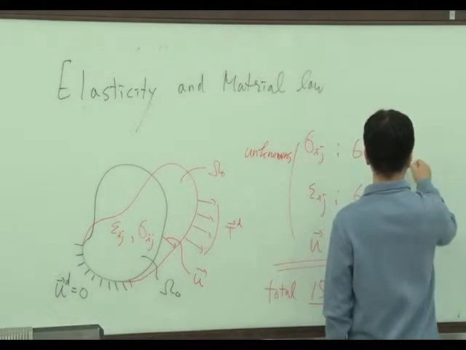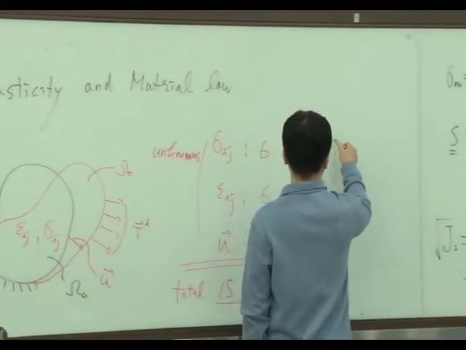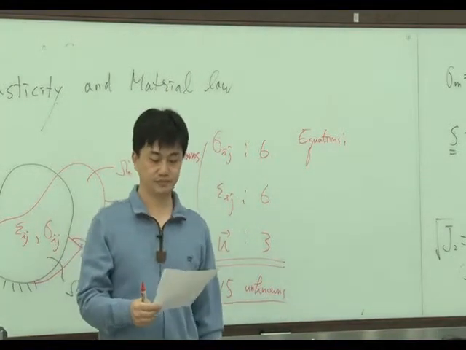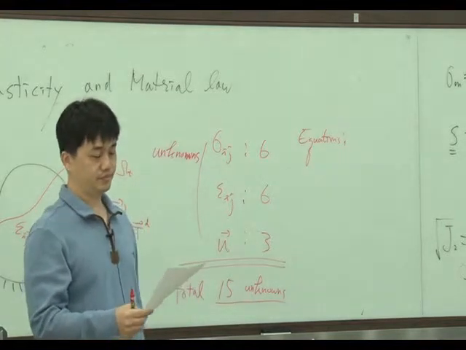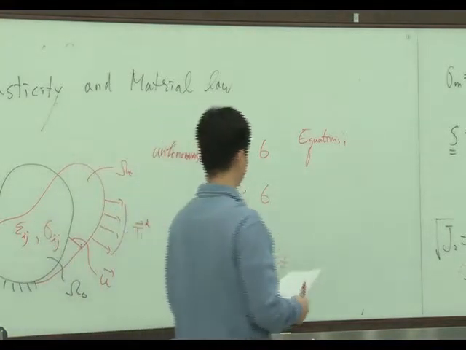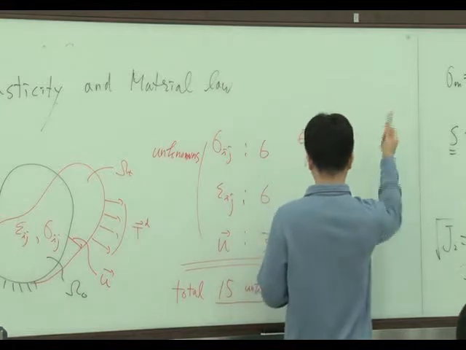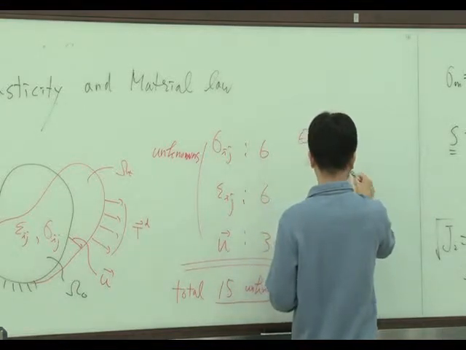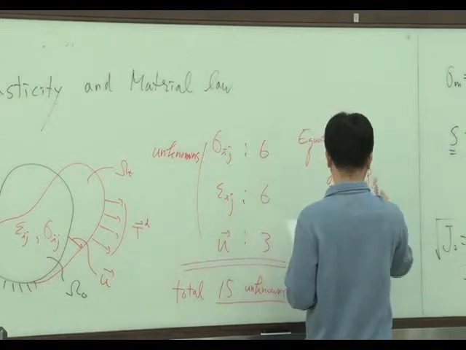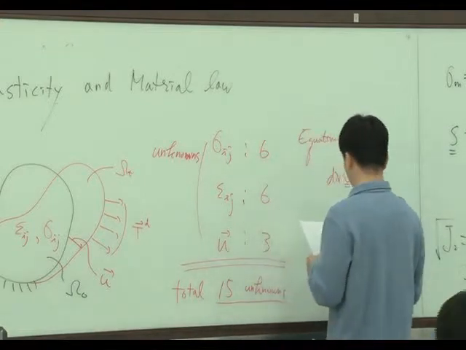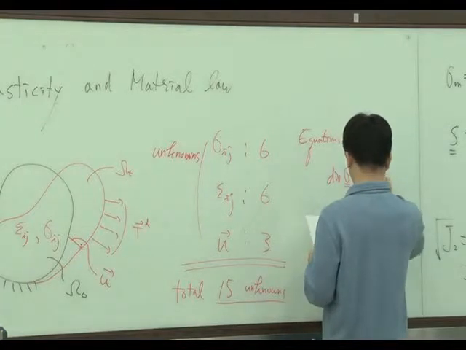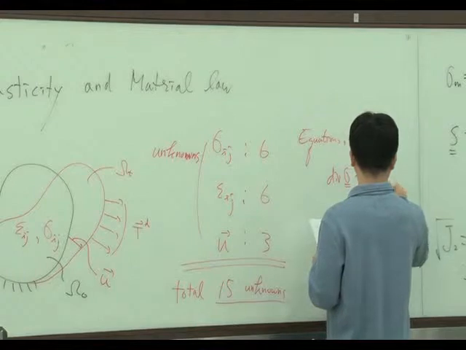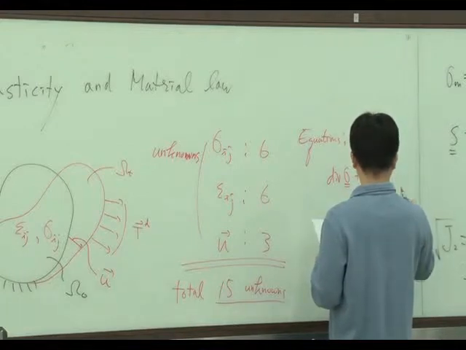First, the local equilibrium equation, plus rho F minus rho gamma equals 0.